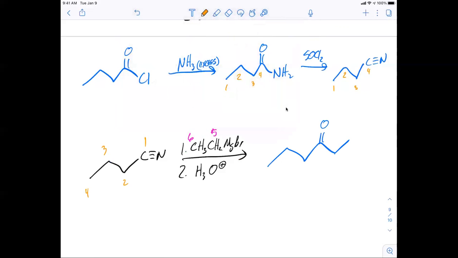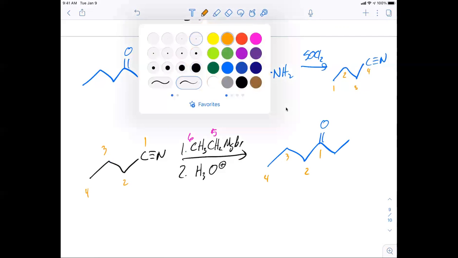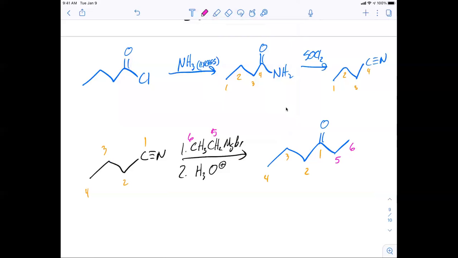So that when I get over here, here's 1, 2, 3, 4, and then it's 5 and 6. And again, the intermediate here is the imine, right, and then that gets hydrolyzed.